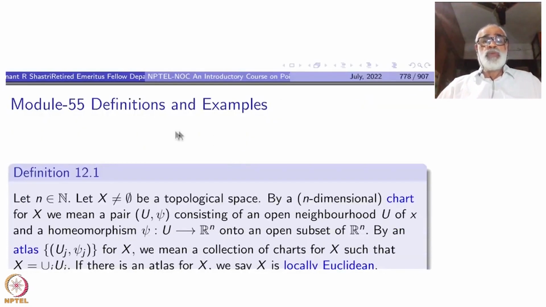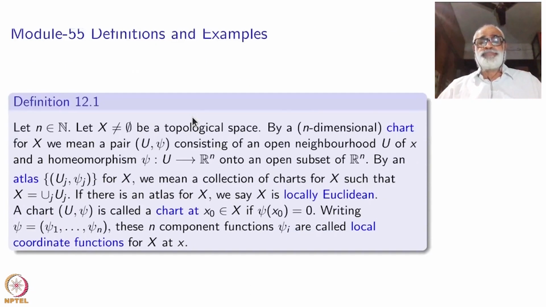Okay, so today module 55, definitions and examples of manifolds. Fix an integer n, take a non-empty topological space X. By an n-dimensional chart for X, we mean a pair (U, psi) consisting of an open neighborhood U of some point x inside X and a homeomorphism psi from U to Rn.